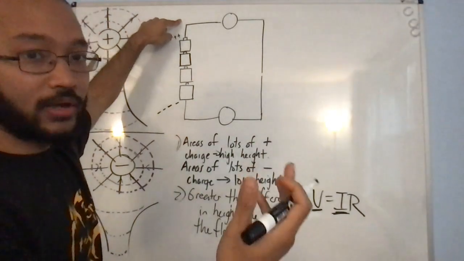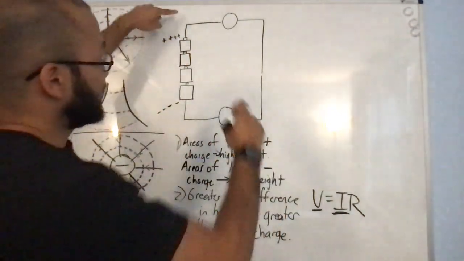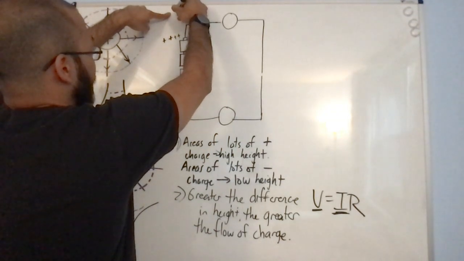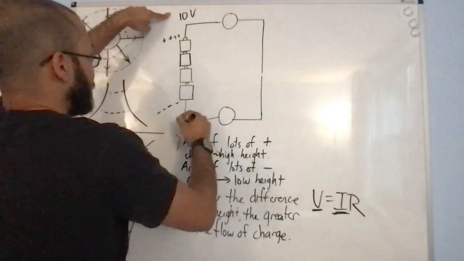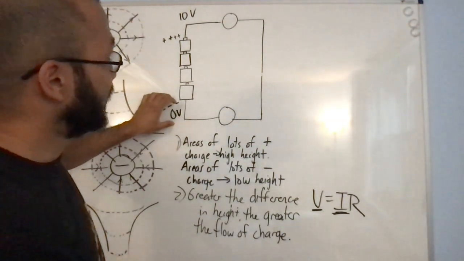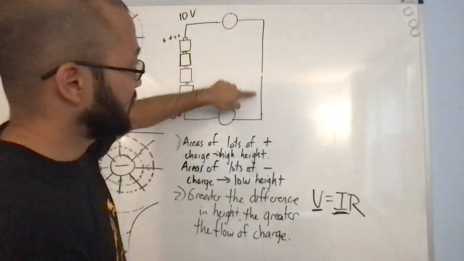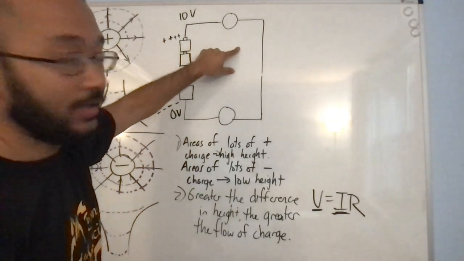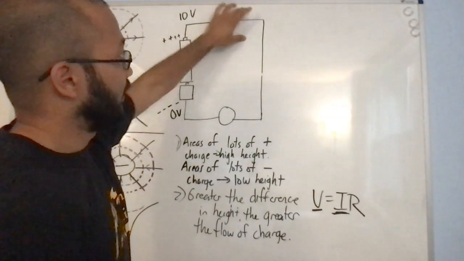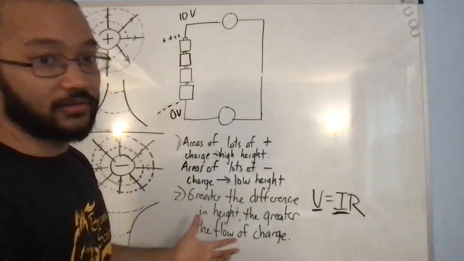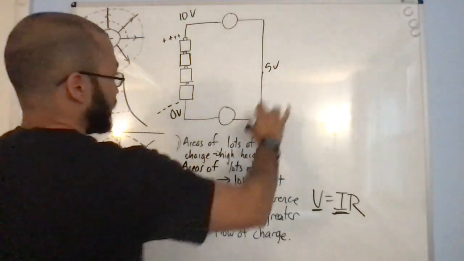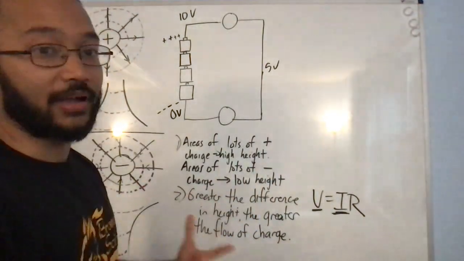If you were to measure it with a voltmeter, you would see that if this was at 10 volts, and this was at 0 volts, like a height of 10 and a height of 0, this value is going to be somewhere in between. Assuming that these bulbs are identical, then the difference in height between them is also identical. So at this point, everywhere on this wire would be at 5 volts, the same height.